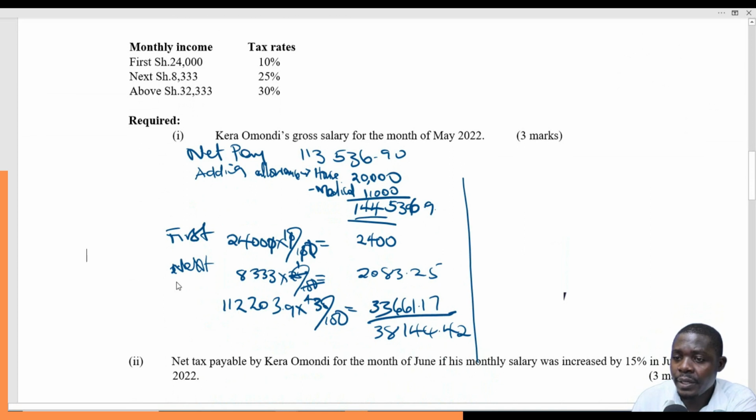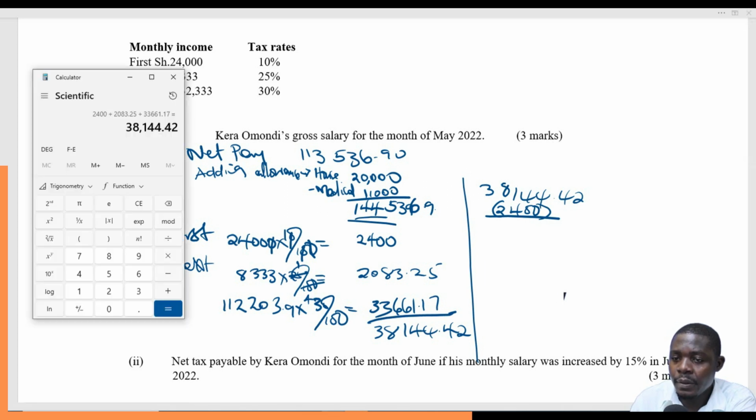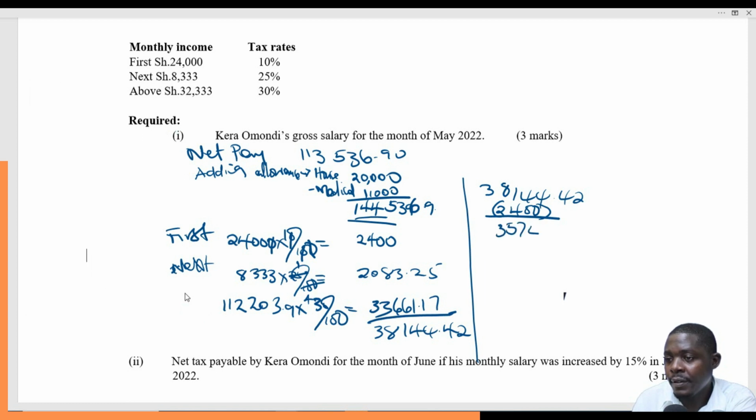Now we are going to have 38,144.42 minus 2,400. We should be getting 35,744.42.